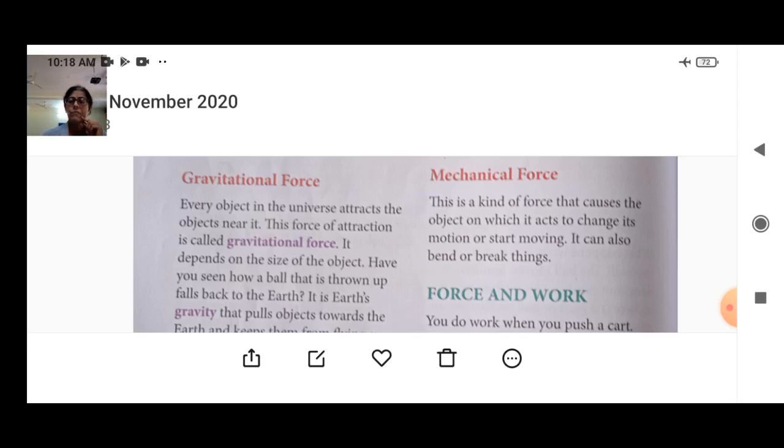The gravitational force of attraction is called the gravitational force. This force is depending on the size of a object.